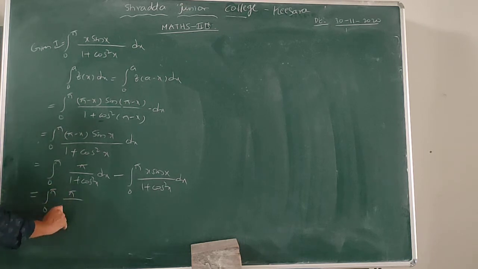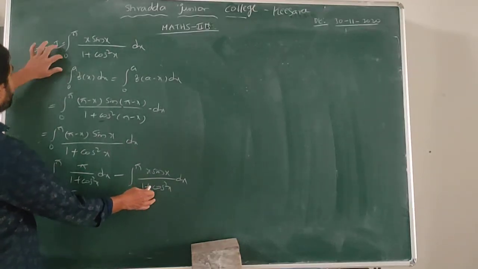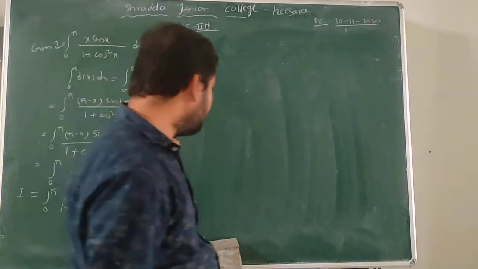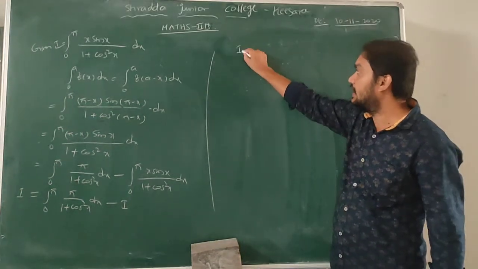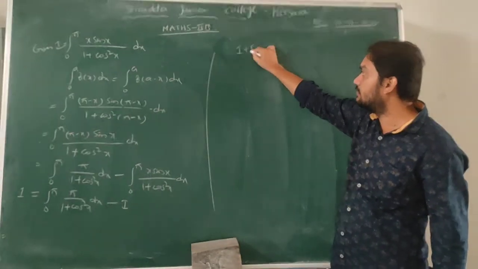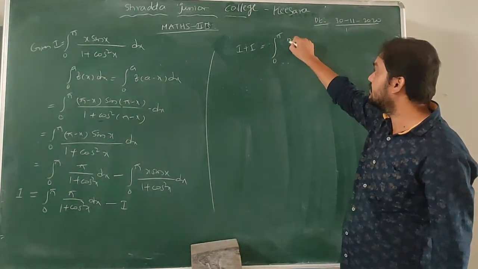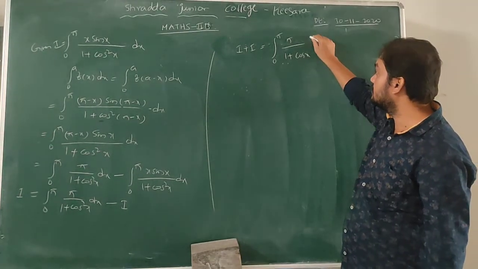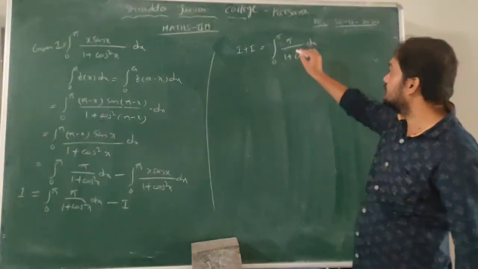Now see here what we are getting now. Integration 0 to pi pi by 1 plus cos square x dx minus, and this is denoted by what? That is denoted by I. So what we are getting here, see, I minus I goes that side, plus I. Integration 0 to pi, pi into what?